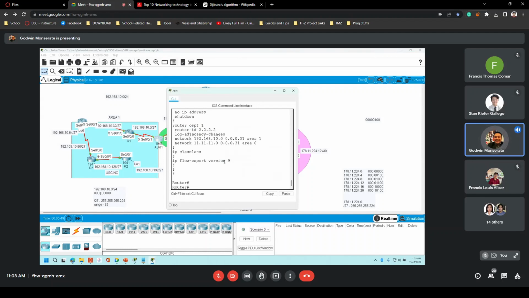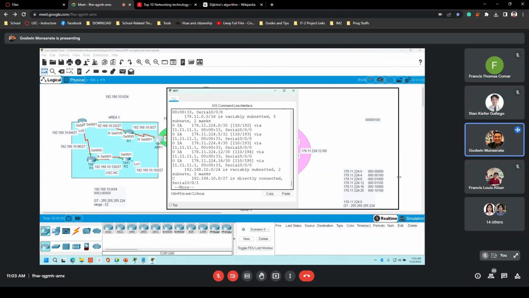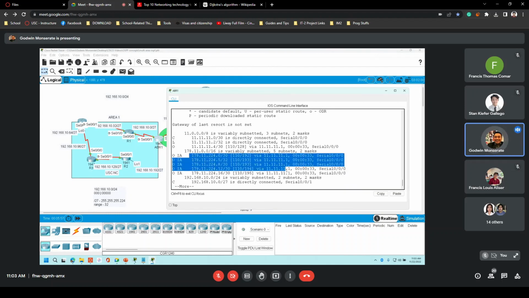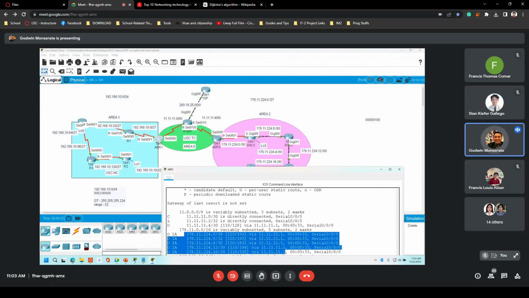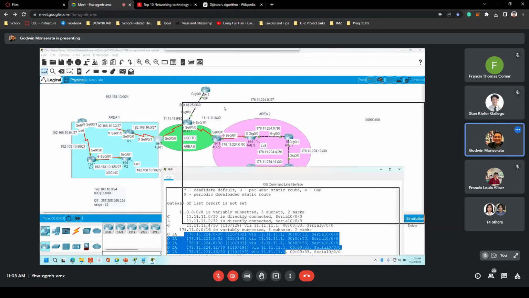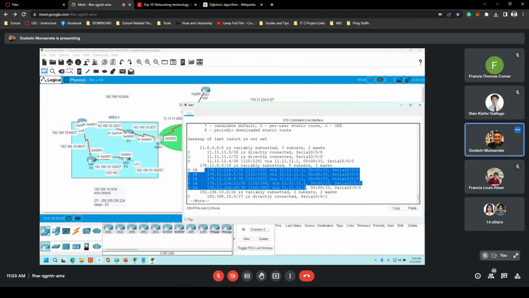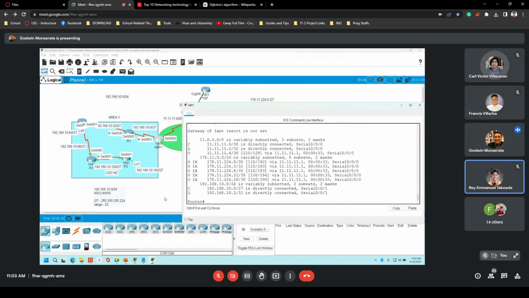Now look at each ABR, show IP route. Oh, 178 is routed now. Look at that, 178. Where is 178? Isn't it in this network? Is it routed? Did you see? Yes, sir.